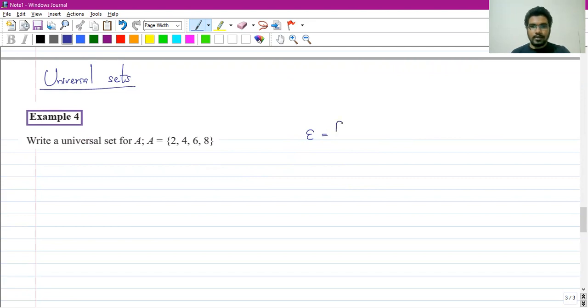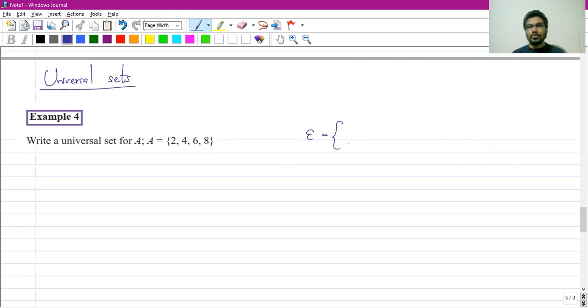So for the universal set, here 2, 4, 6, 8 is all that A has, and these 2, 4, 6, 8 must be included in this universal set, as well as there can be many other numbers. So if I write it this way, 1, 2, 3, 4, 5, 6, 7, 8, 9, you can see 2, 4, 6, 8 are all included, and this universal set has many more elements.